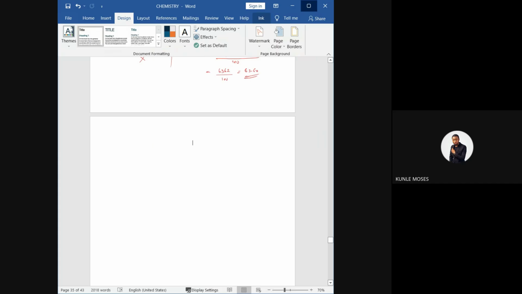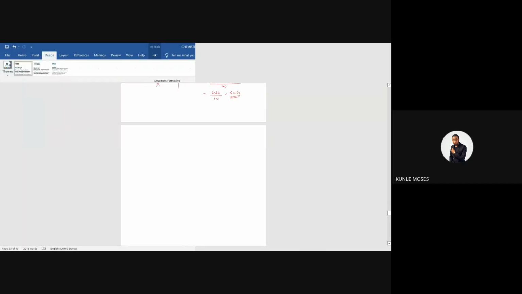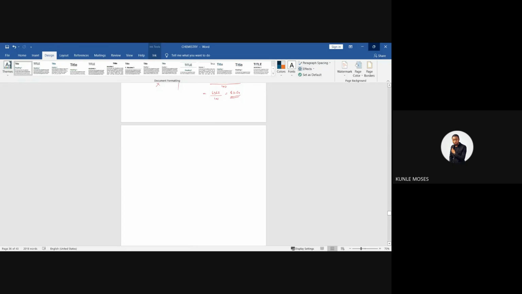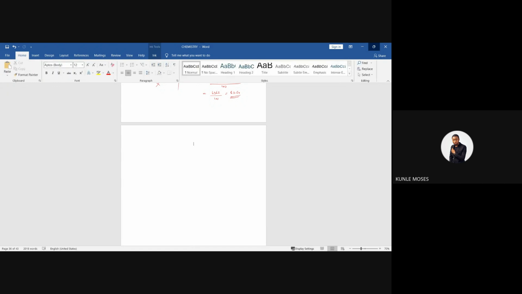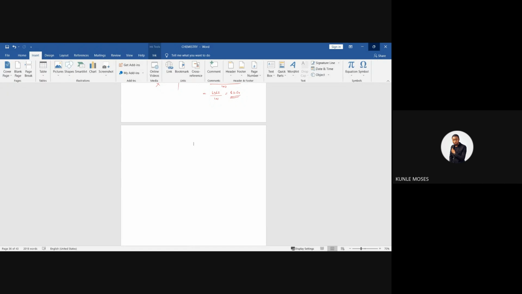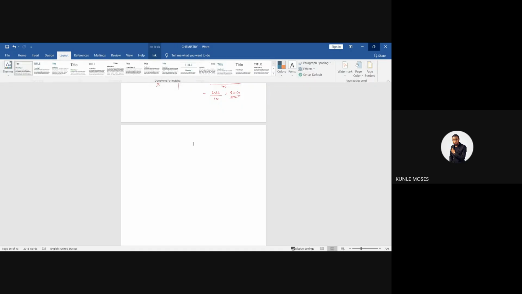The first shell should have two, while other shells have eight. So anytime an element has this complete configuration, we say such element has obtained a noble gas configuration.